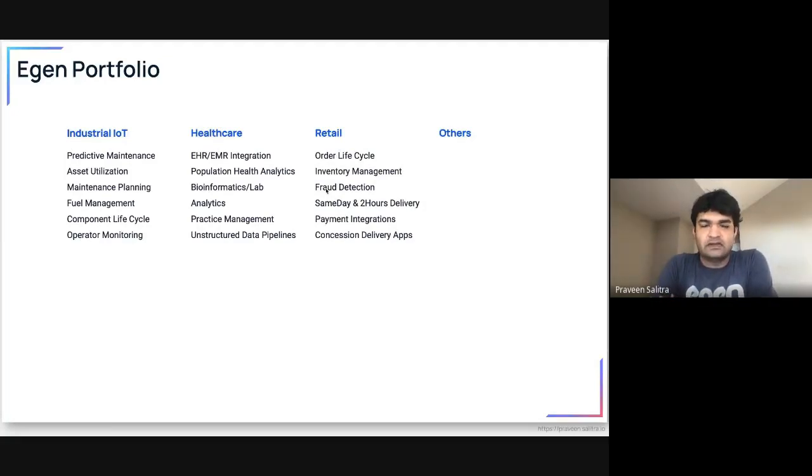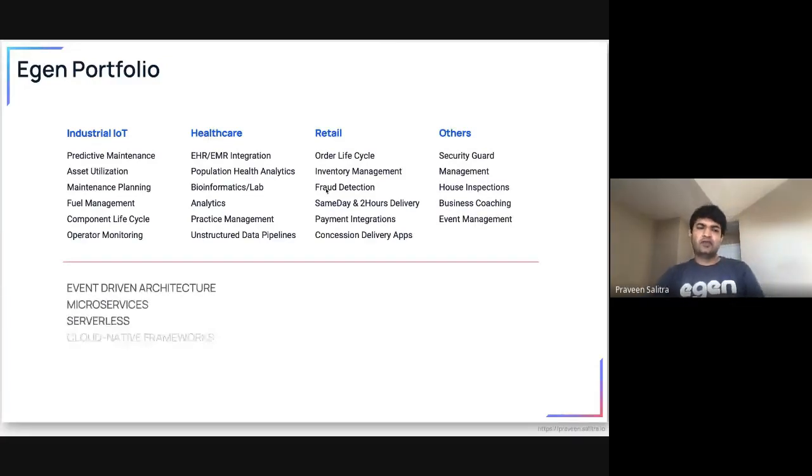What we have done is bring in our concepts from industrial IoT, where you are getting or playing with machine data, and roll those concepts into the other verticals as well, and then some other one-off apps or platforms and things like that. The core idea has always been event-driven architecture, microservices, serverless, and cloud-native frameworks. And all of this, of course, is going to be running, and has been running, on one of the cloud providers that I mentioned before.